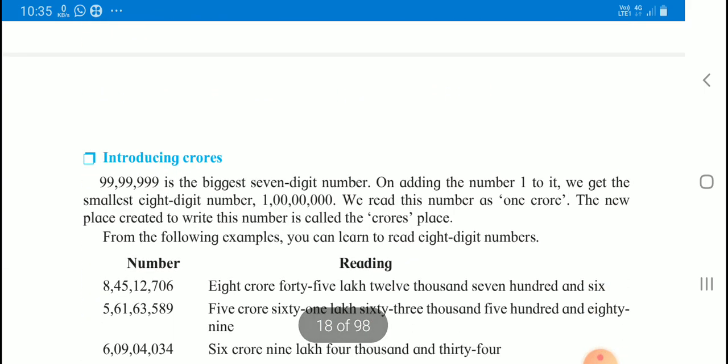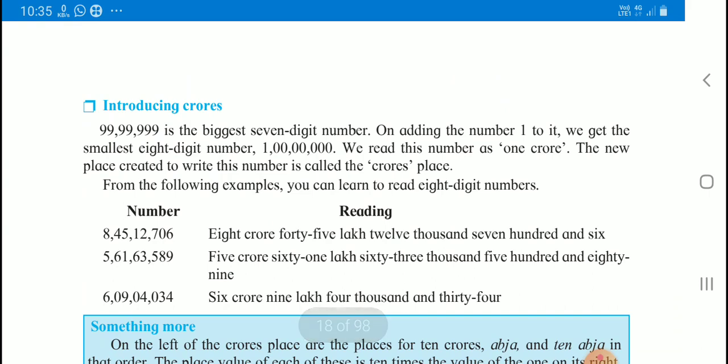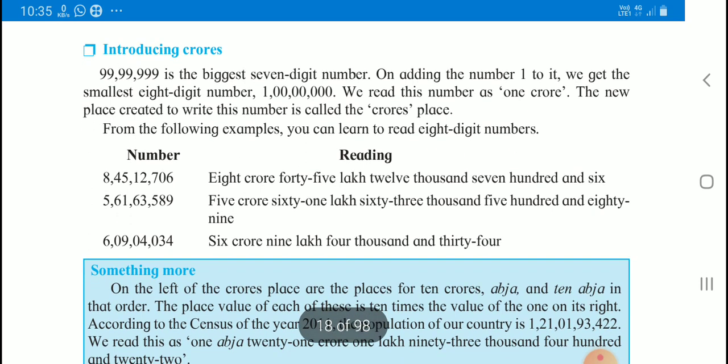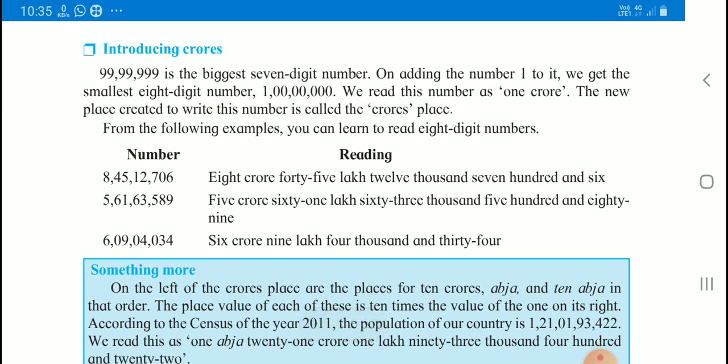Now we will see introducing crores. We have seen 6-digit numbers, that is lakhs, and 7-digit numbers, 10 lakhs. Now we will see the 8-digit number, that is known as crores. Here they have given the biggest 7-digit number, that is 99,99,999.